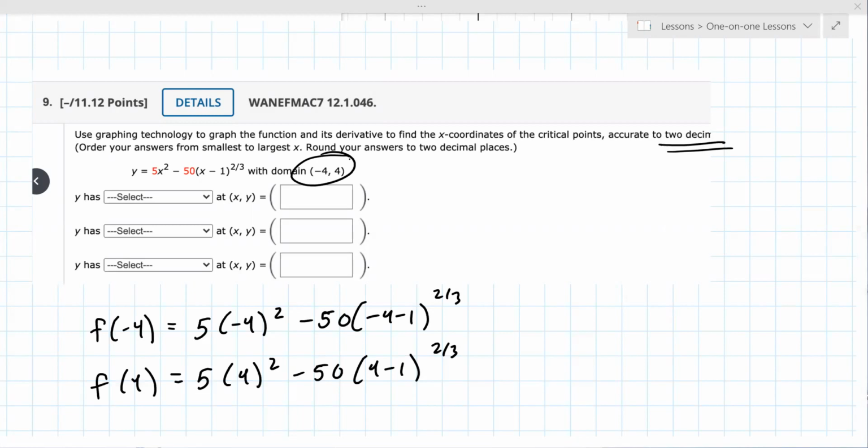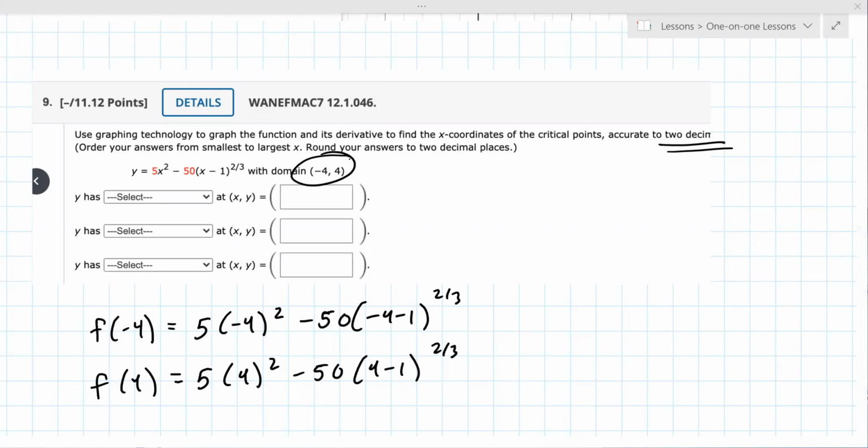Okay, so I'm going to change my window here. The window is really narrow. To see this, you've got to look from -4 to 4, and then I think you'll see. Let me grab that point, and then that point.